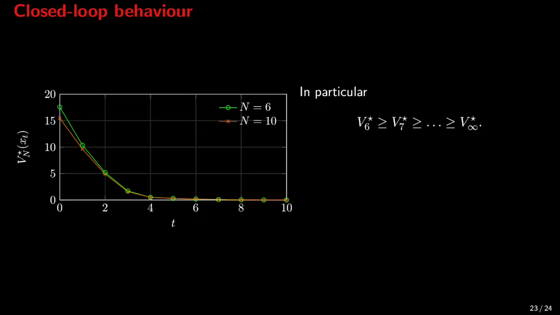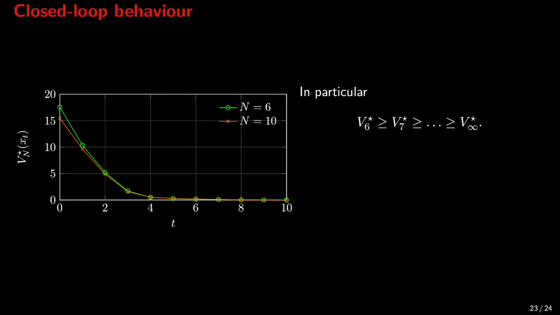Here we see the value function of the MPC with different horizons. So we see with horizon 6 and with horizon 10 at different points as we simulate the system in closed loop. And of course we know from the theory that V10 star is below, or at least no larger than, V6 star.